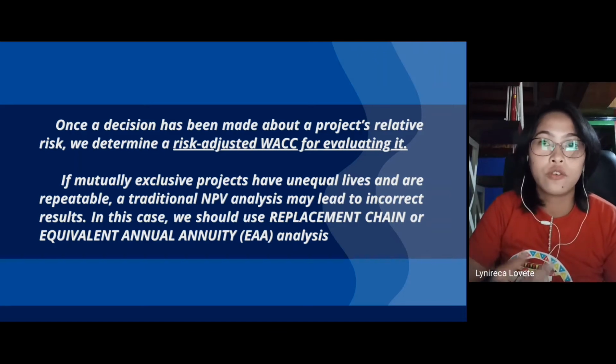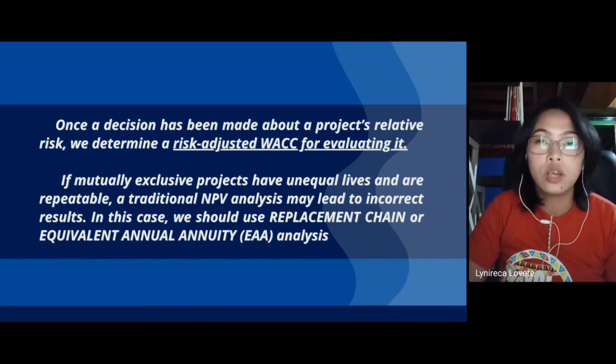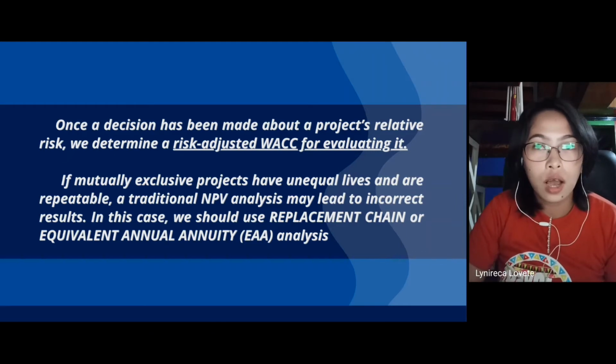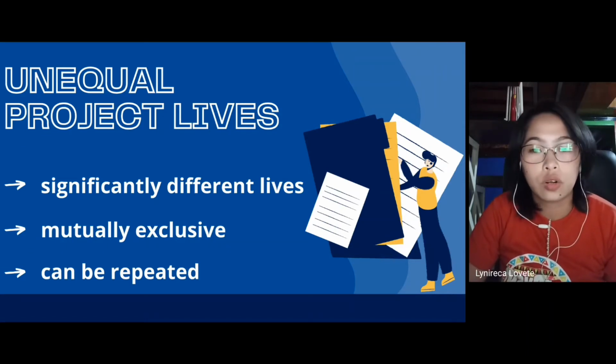If there are projects with unequal lives being assessed in the industry, this kind of analysis is used. And this analysis is commonly used in corporate or within-firm risk and also in market or beta risk. So let us first discuss what the unequal project life is.